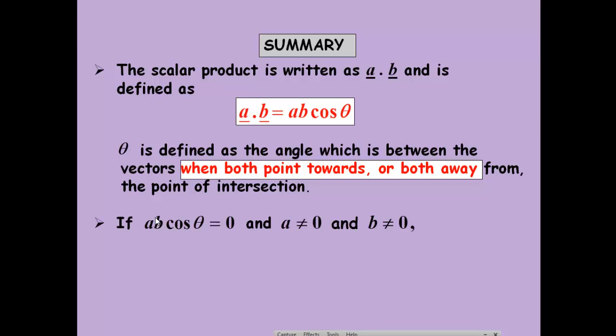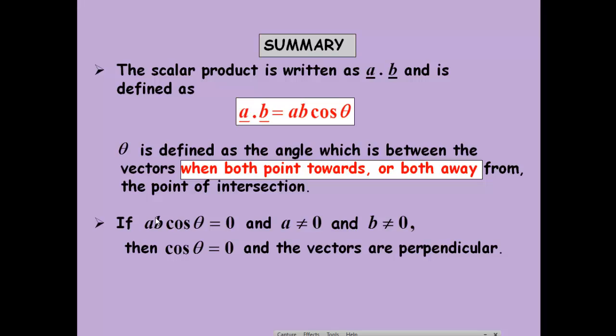If the dot product equals 0, because A and B can't really be 0, then that implies that the cosine of the angle between the vectors is 0, which means that theta, the angle between them, must be 90 degrees. In other words, the vectors are perpendicular.